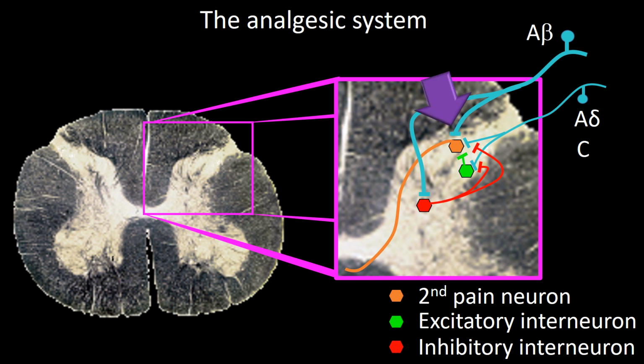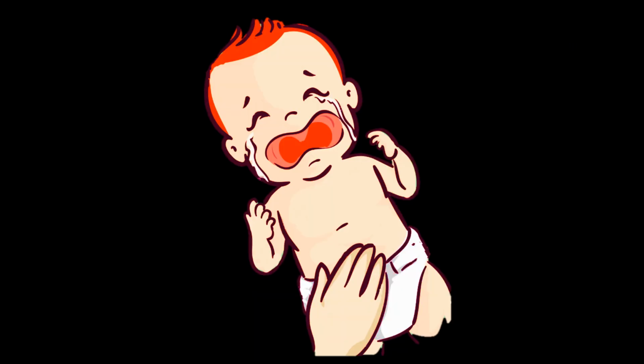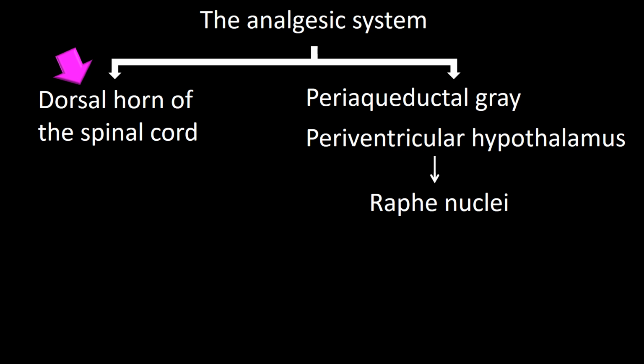Excitation of the thick myelinated fibers keeps the secondary neuron too busy to think about pain, while activation of the inhibitory neurons inhibits secondary pain neurons and excitatory interneurons, thus stopping pain. This explains why rubbing the baby's tummy makes pain go away. This is referred to as the gate theory.